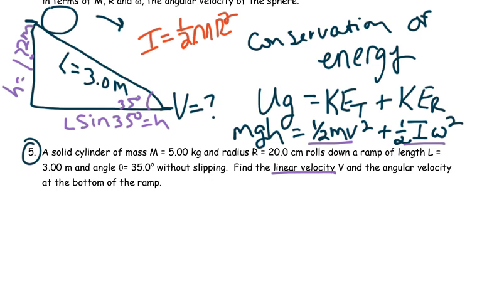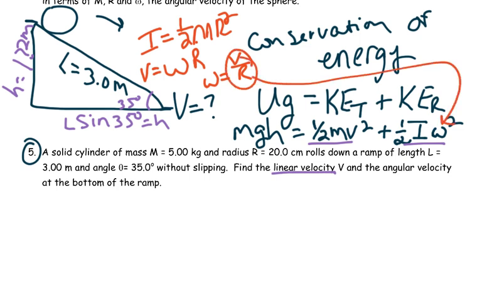All right. How do I get an angular velocity into a linear velocity? So linear velocity is equal to angular velocity times what? Radius. Okay, so that means angular velocity is the linear velocity divided by the radius. All right, so now I'm going to take this expression for the angular velocity and plug it in there, and this expression for the rotational inertia, and plug it in there.